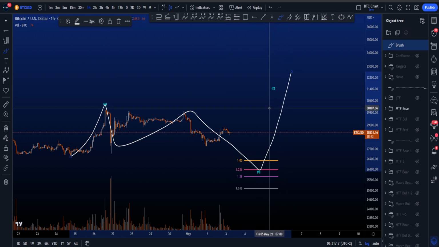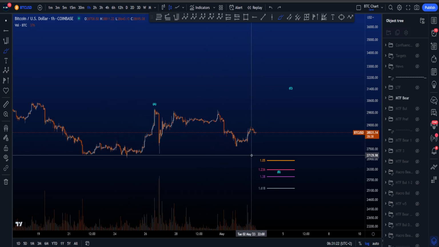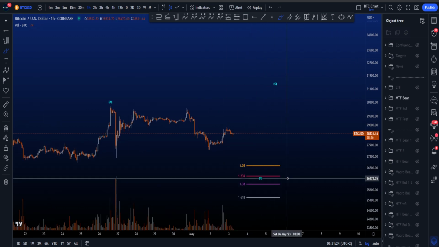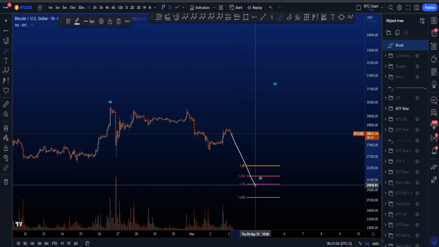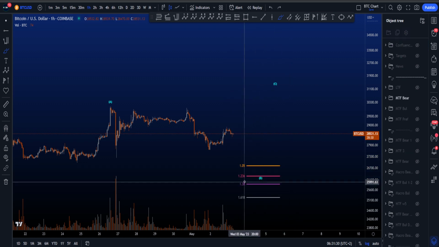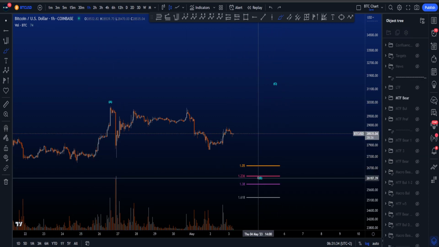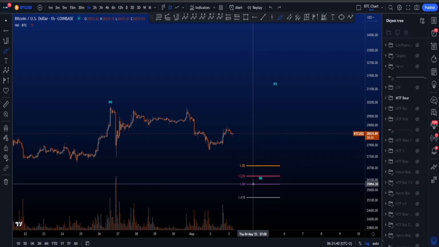Now this is definitely not preferred, which you can see by my analysis as well, because it's absolutely minimal, but it is something I at least like to take into account, that if we continue to the downside, we might be able to find a bounce between the 1.236 and the 1.38 for then a 3, 3, 5-wave move, where the 1.236 and 1.38 is between 26.3k and 25.8k.